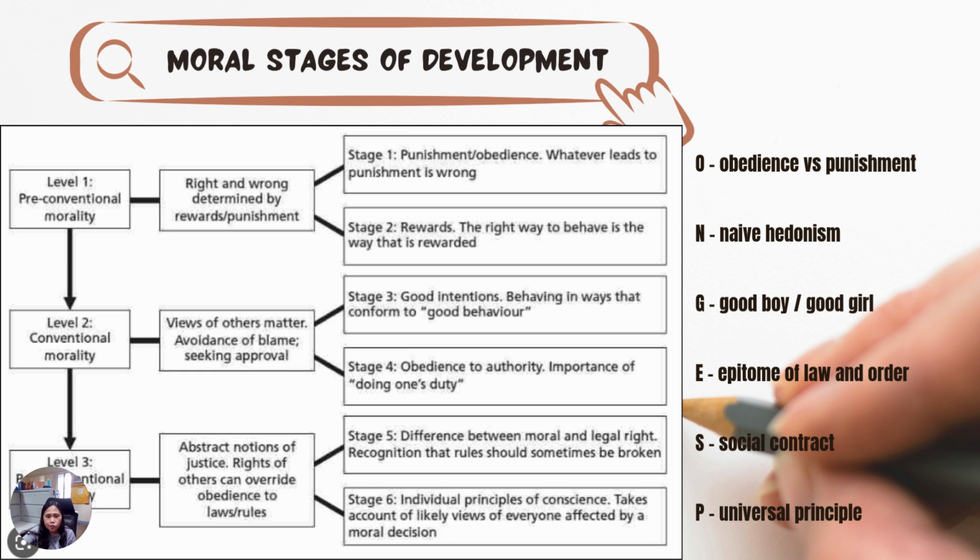In substage 4, still in level 2 of morality, we have the epitome of law and order. We obey authority because at this stage we have high regard for, and give much importance to, our duty and responsibility as an adult or as a student, for example.